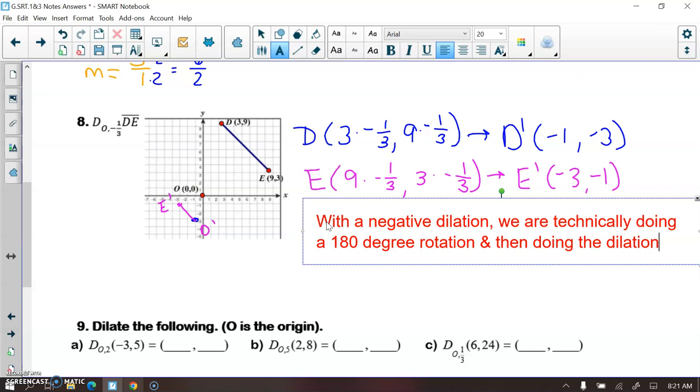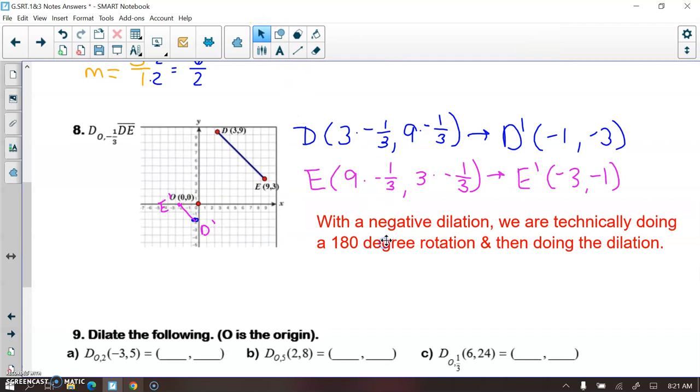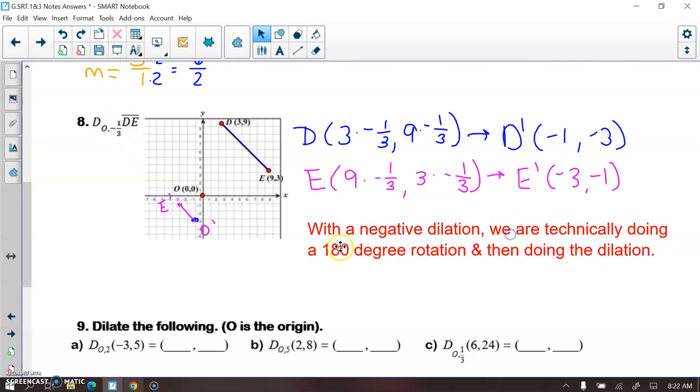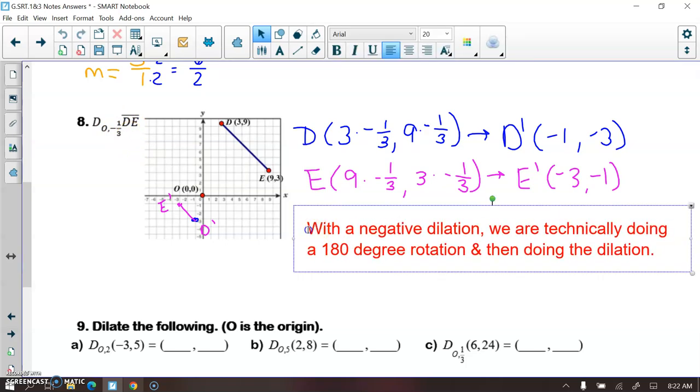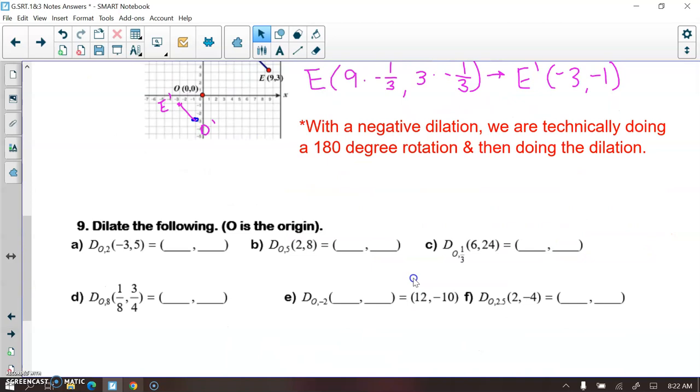And the dilation then would be by 1/3 instead of negative 1/3. The negative actually is the 180-degree rotation. That's technically what's going on behind the scenes when we do a dilation by a negative scale factor. You may need to know this, so make sure that you do. But that's exactly what's happening.